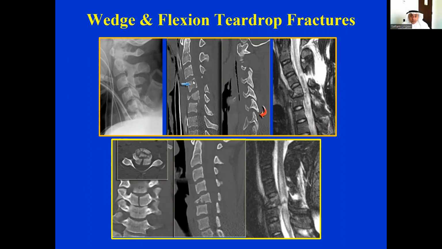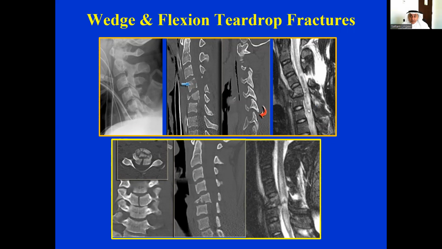CT scan also visualizes another fracture affecting the posterior cortex of the vertebra above. Notice the narrowing of the spinal canal at the level of the fracture because of the retropulsion of the posterior fragment, compromising the spinal canal, compressing and compromising the spinal cord.